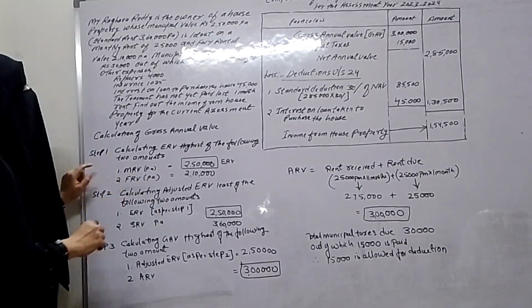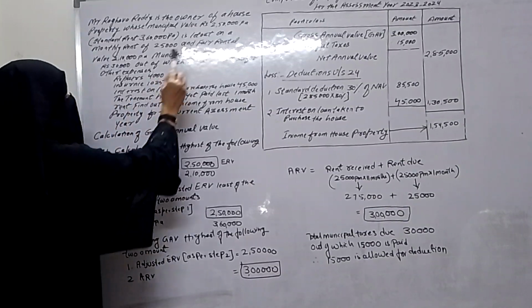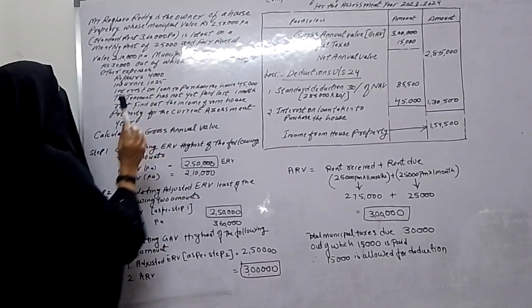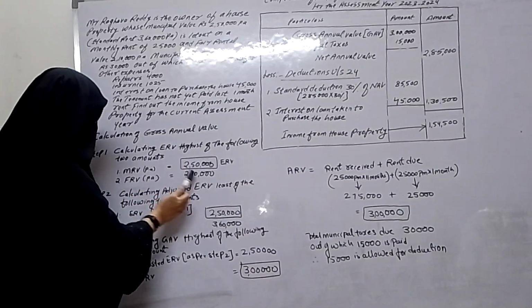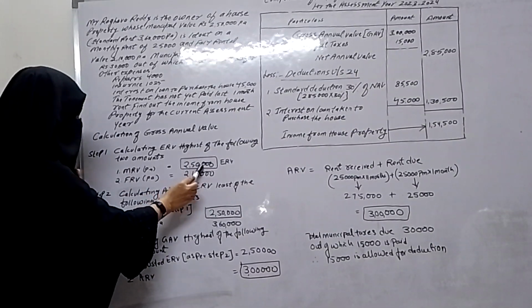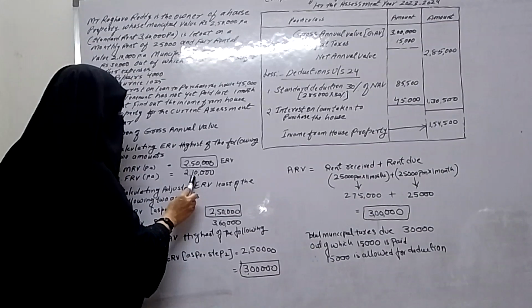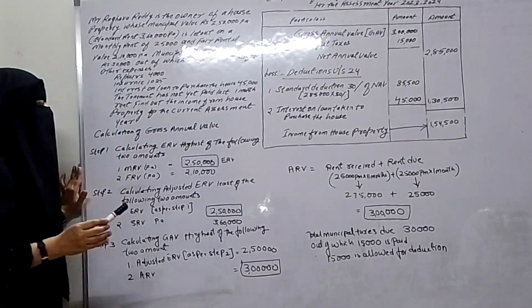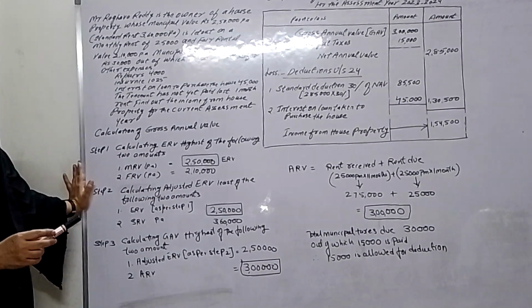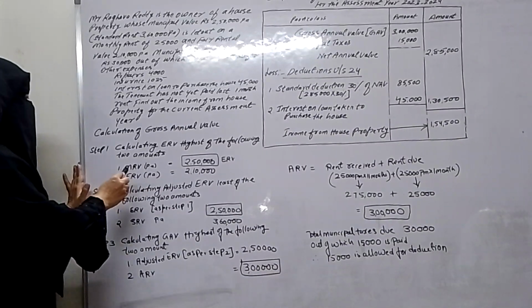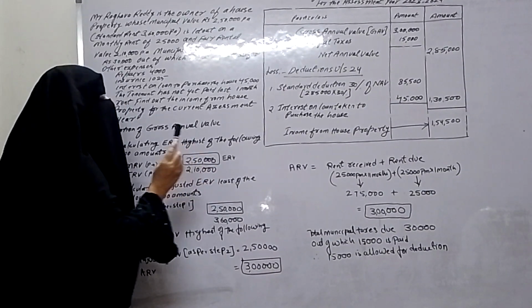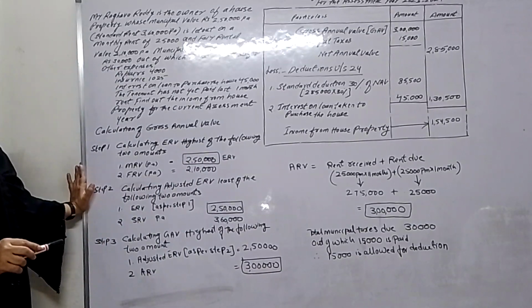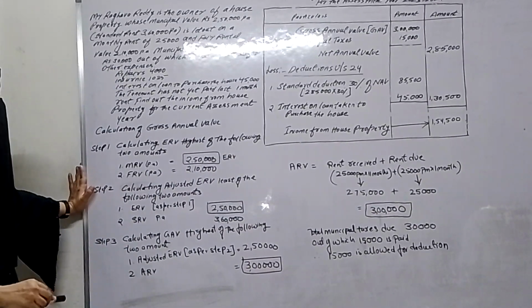So in the question, municipal rental value is given 2,50,000 and fair rental value is given 2,10,000. From these two, the higher value is 2,50,000, that is municipal rental value. So the higher value is taken as ERV, expected rental value.